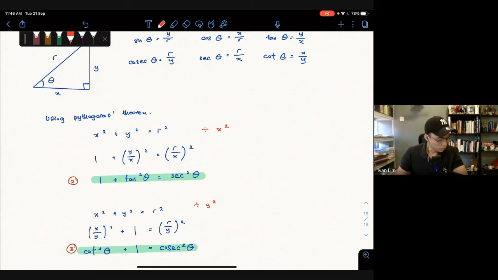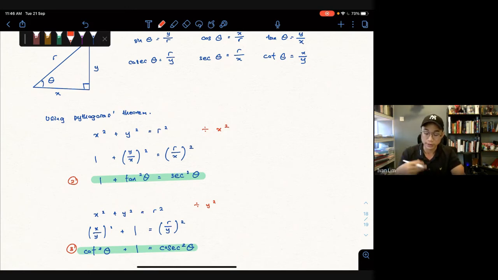Do you need to memorize this? In a way, yes and no. It'll be good if you memorize it, so that at the back of your head you know that cotangent square theta and cosecant square theta have some relationship, and tangent square theta and secant square theta have some relationship, which is this trigo identity. But the main one you at least need to know is sine square theta plus cos square theta equals 1. Then you can derive the others from there. You can go and try also, but for the sake of time, I won't show you.